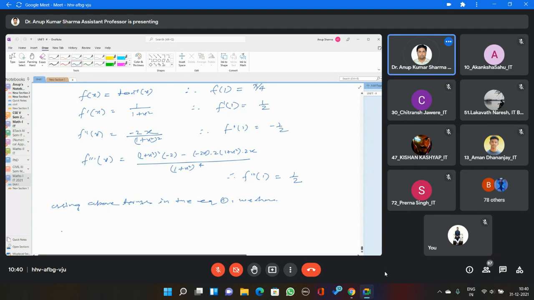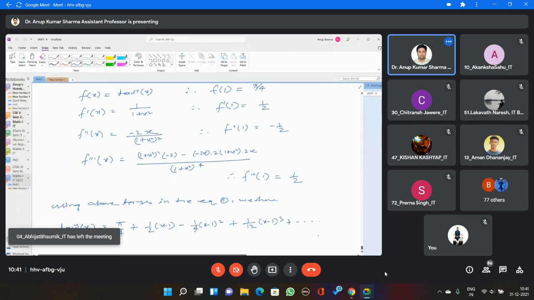We have tan inverse x equal to pi by 4 plus 1 by 2 (x minus 1), minus 1 by 4 (x minus 1) whole squared, plus 1 upon 12 (x minus 1) cubed plus and so on. So this is your answer.